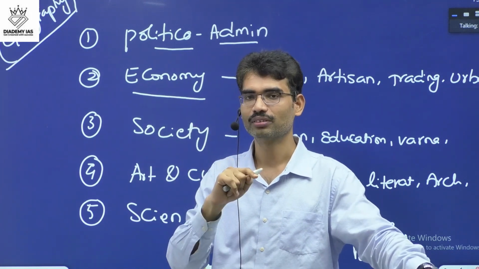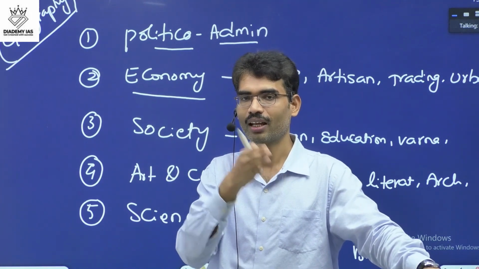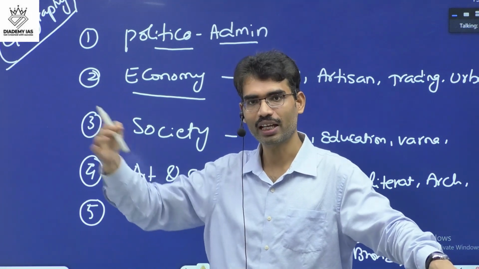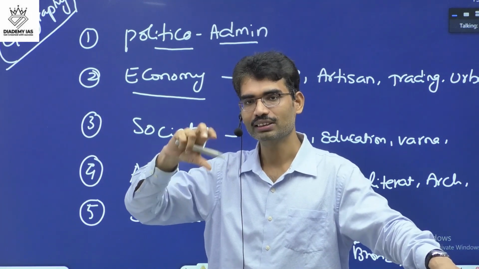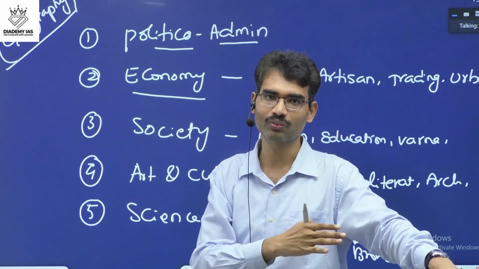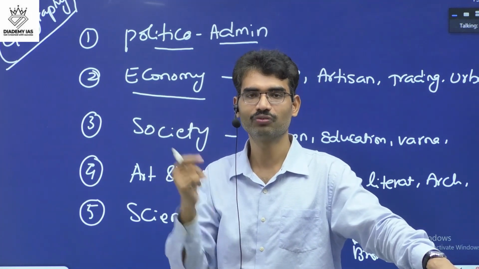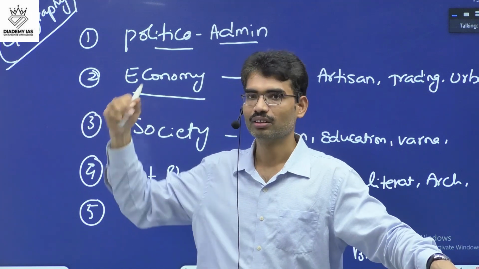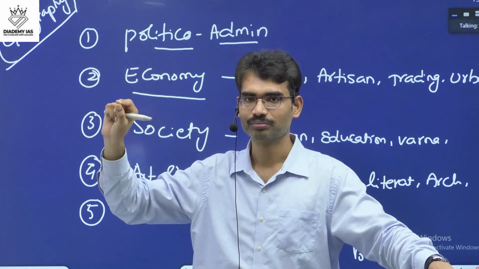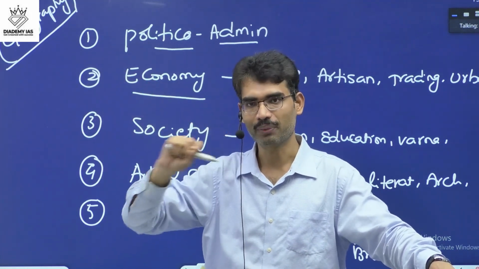Now you observe, after independence, history continues till today. In fact, this is the history from 1947 onwards. In our general studies syllabus, GS 1, 2, 3, 4, you observe, in ancient India, just one line. In modern India, one chapter.